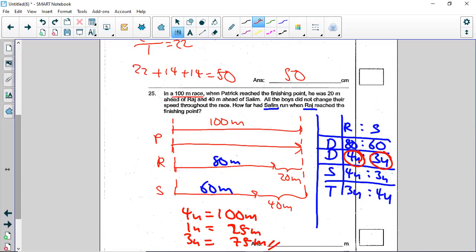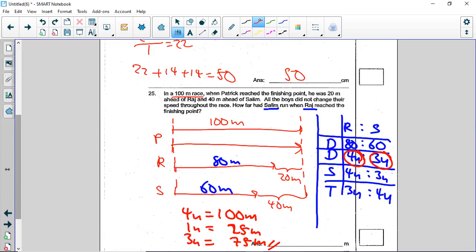So when Raj has completed already, which is 4 units, Salim only completed 3 units. That's why you get 75 meters. No matter whether it's 1,000 meters, 1 million meters, or 100,000 meters, it will always be 4 units for Rahim and 3 units for Salim.